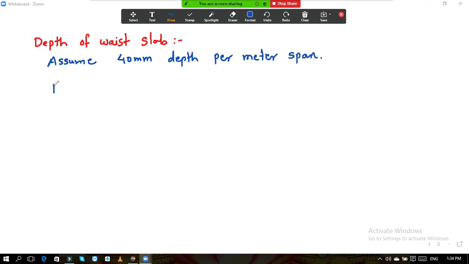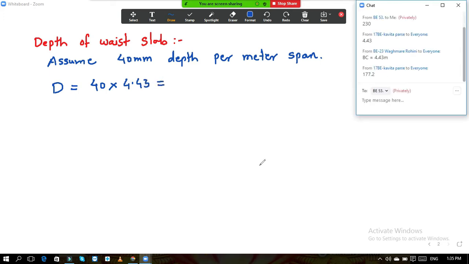So it means that your overall depth D is equal to 40 into 4.43, which is 177.2 mm.